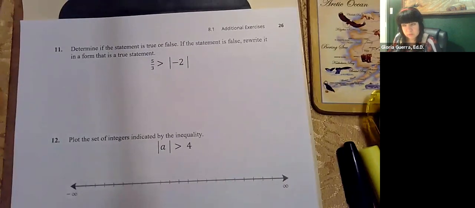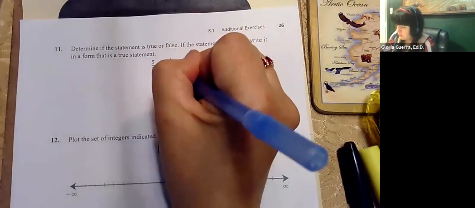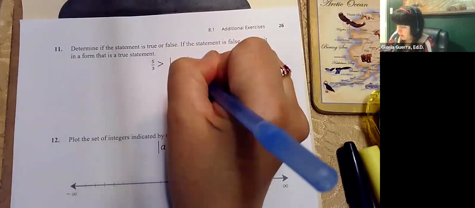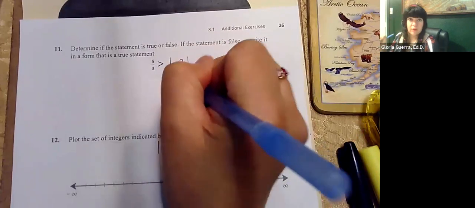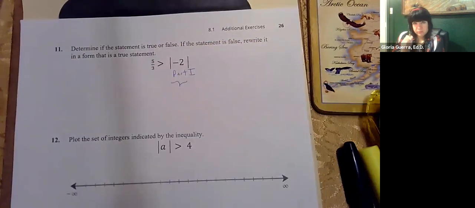Determine if the statement is true or false. If it's false, rewrite it in a form that makes it true. Part 1 is you definitely have to compute that absolute value. The absolute value of -2 is 2.